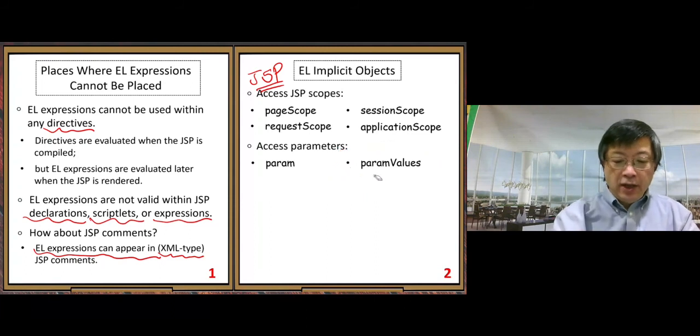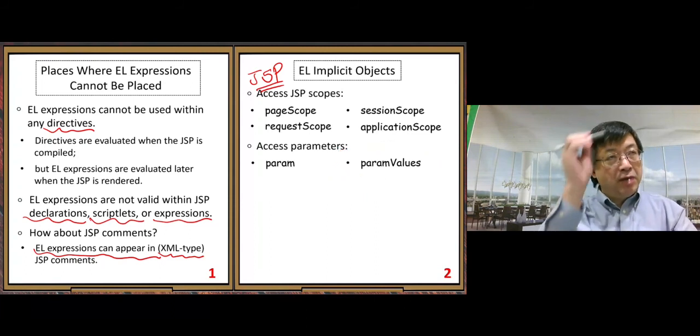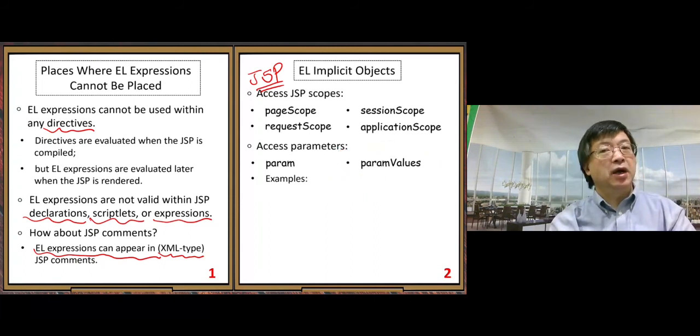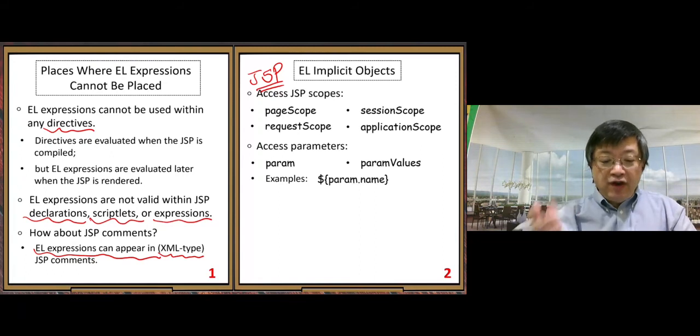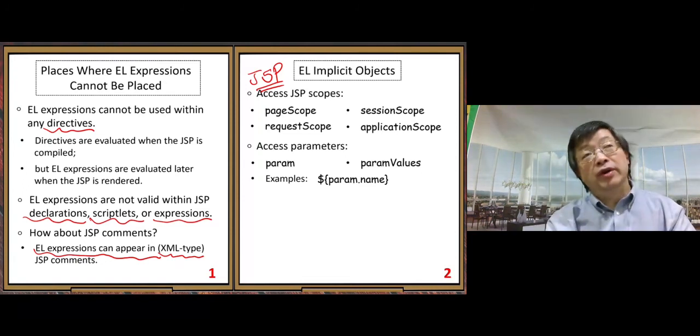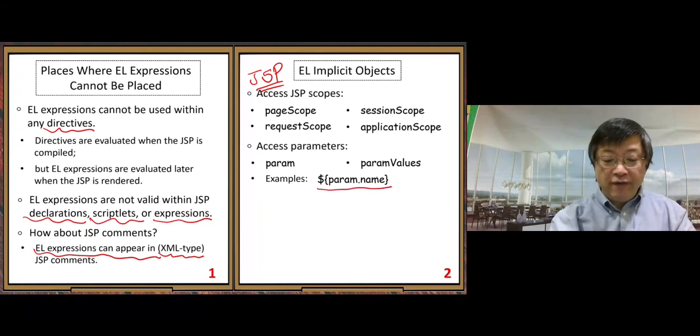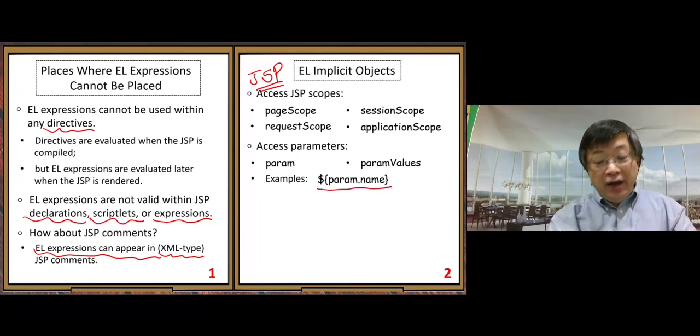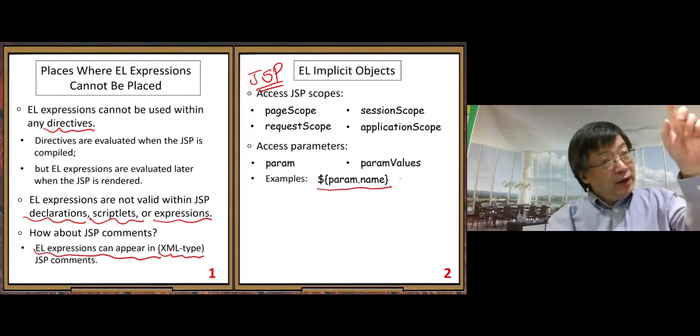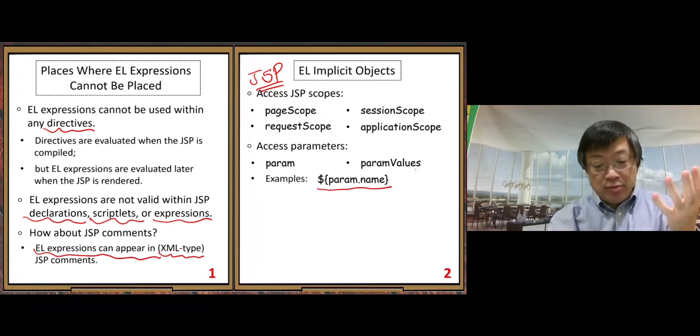Here, let me give you simple examples to show how to use them. The first one, dollar curly braces param dot name. Straightforward. We only access one value. But in case you have multiple values, it's possible.